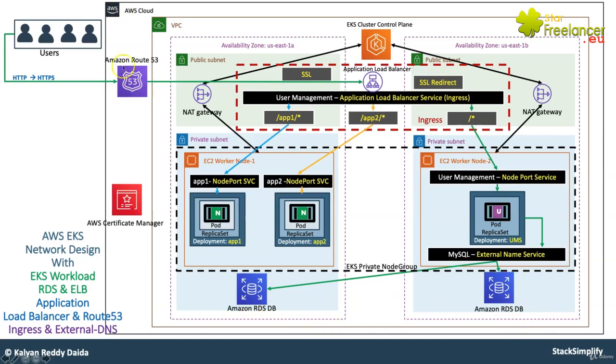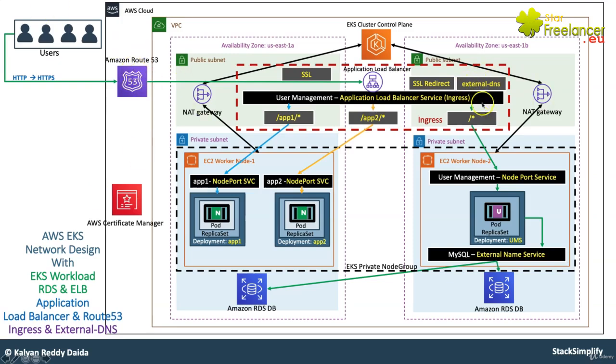But for Route 53 entries we have something called external DNS. Using Kubernetes manifests, and adding the external DNS related annotations in the ingress, will allow us to automatically add record sets or DNS entries in Route 53.